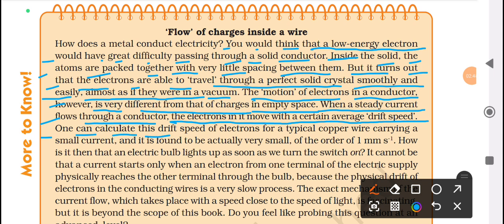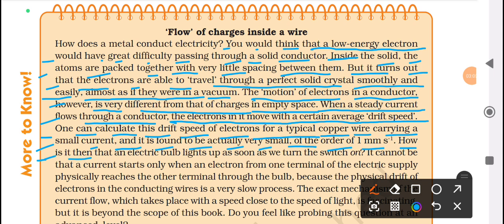One can calculate this drift speed of electrons for a typical copper wire carrying a small current, and it is found to be actually very small, of the order of 1 millimeter per second.